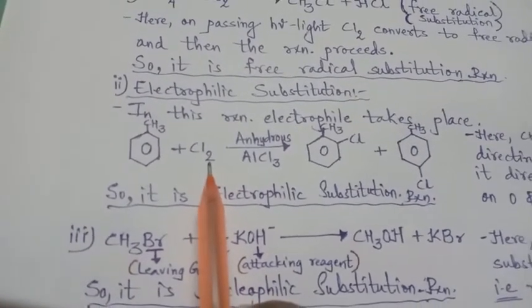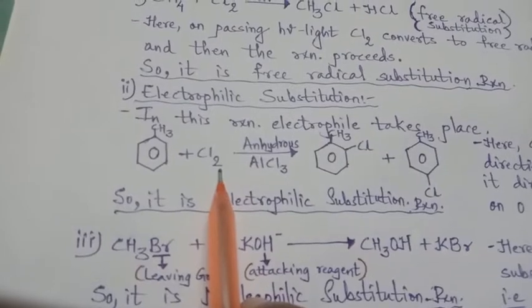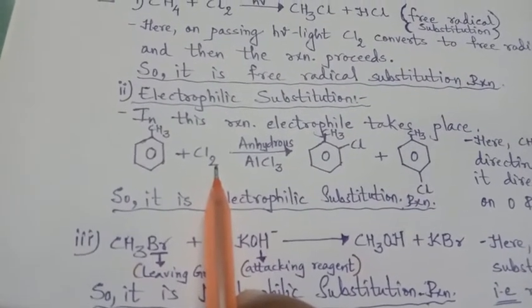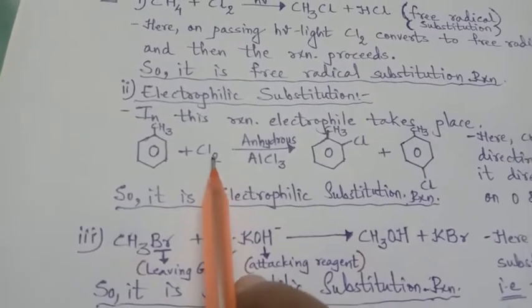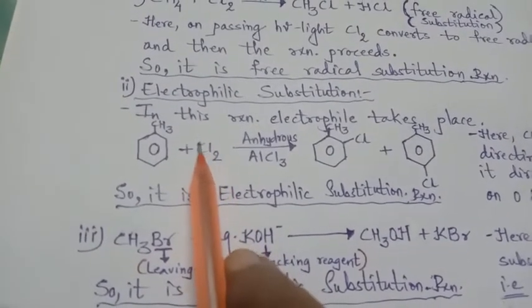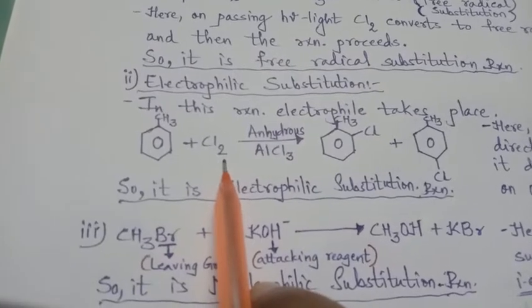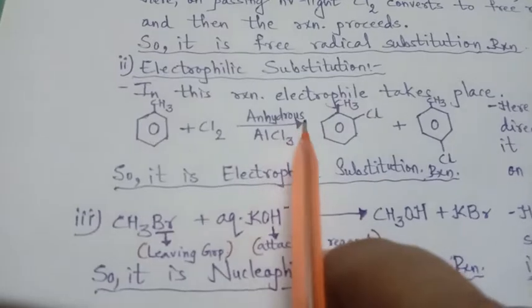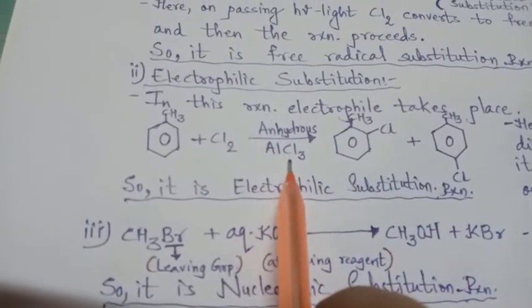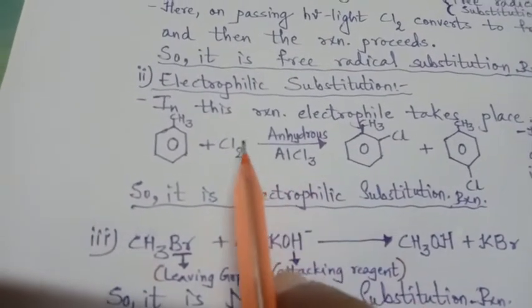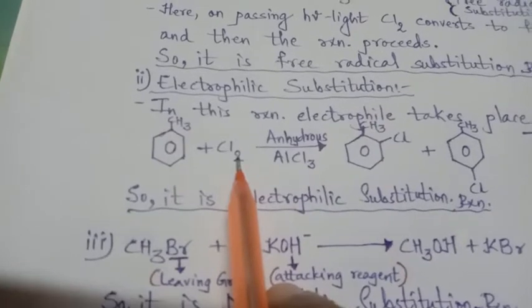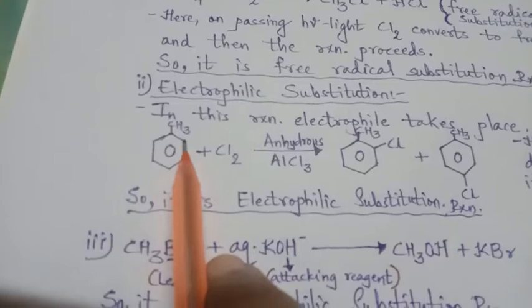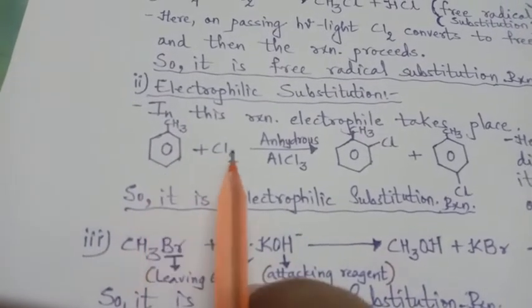Because it is already having a positive charge, as a shared pair of electrons is with it and it is existing as a Cl2 molecule. When this is reacted with anhydrous aluminum chloride, this Cl2 attacks the benzene at the ortho as well as para position.